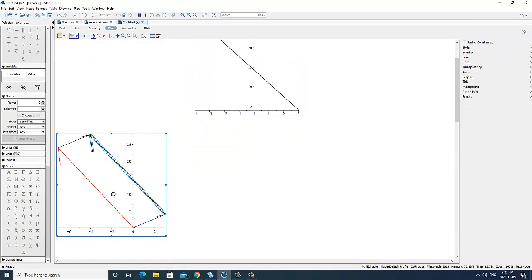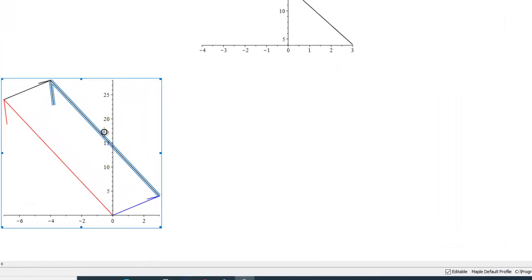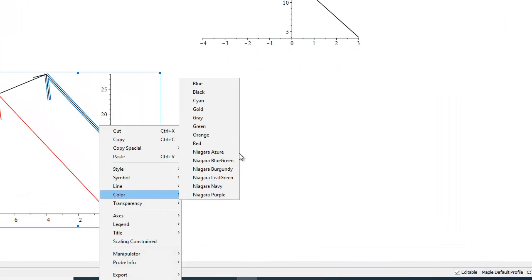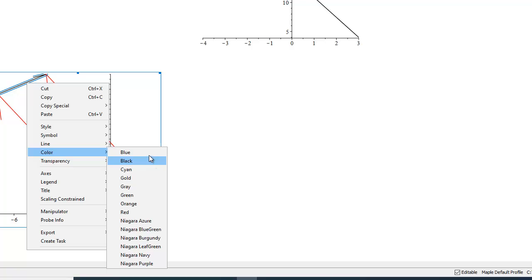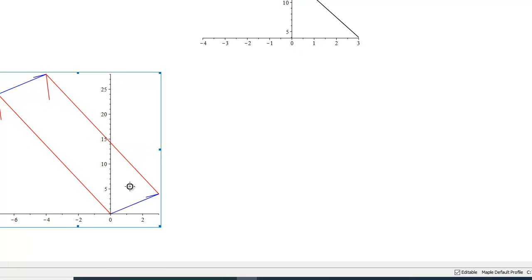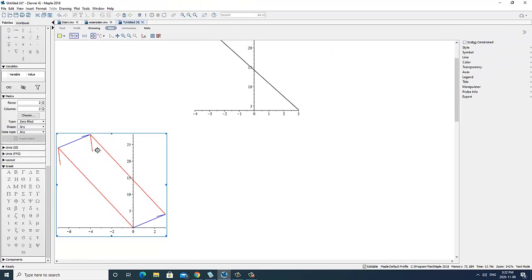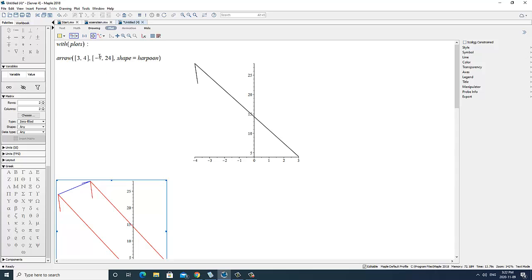So what I'm doing here is I'm just moving the origin point around. Now the vector addition would be this vector right here.